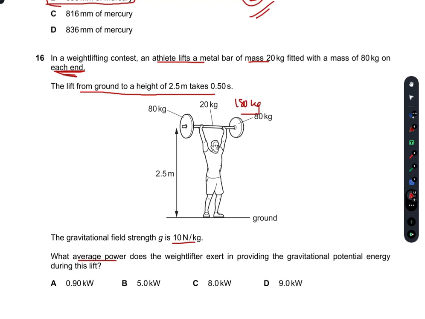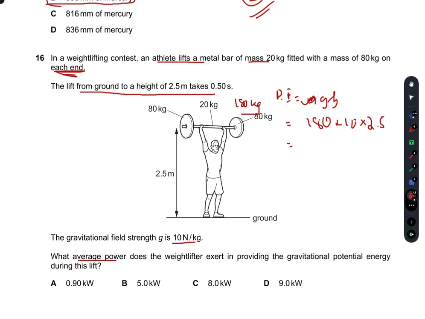For gravitational potential energy, sorry, we have mgh. So 180 times g, which is 10, and 2.5 is the height.